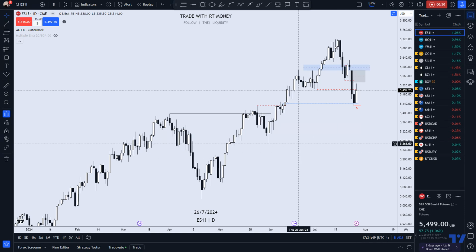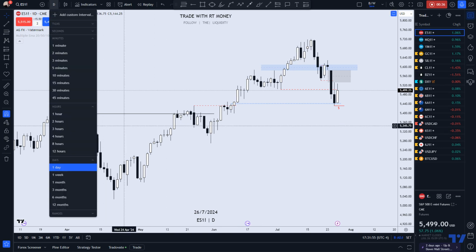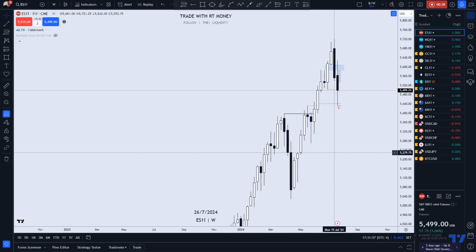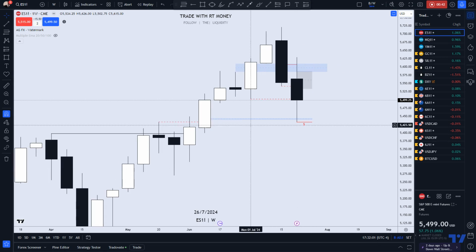Right? Okay. Starting off with ES, we're talking about the S&P. Let's look at the weekly. What I want you to see is we had bullish order flow, and then we have this very big bearish engulfer that traded through the bullish fair value gap here.